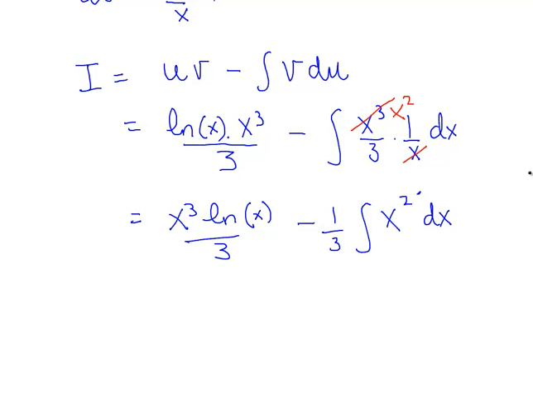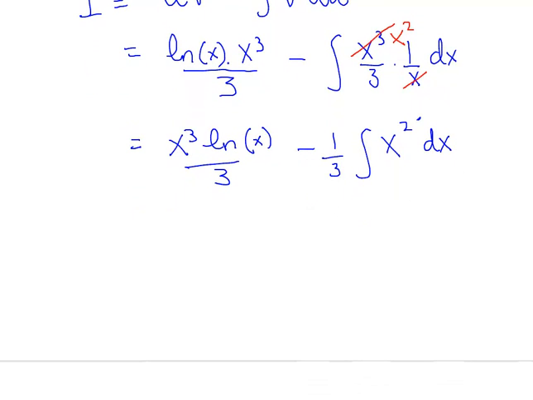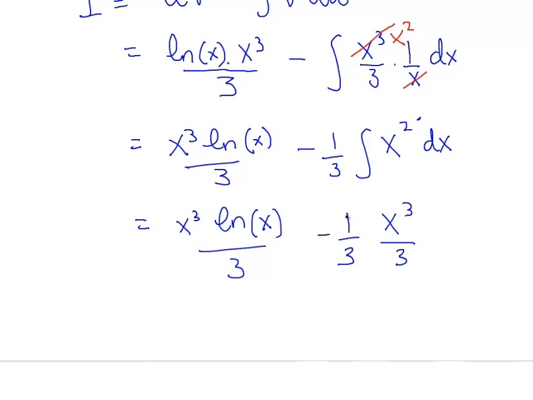The integral of that is x cubed over 3. So the answer is x cubed log of x over 3 minus 1/3 times x cubed over 3. We can simplify that into one expression, putting a 9 there instead, and then plus c, because we are at the end.